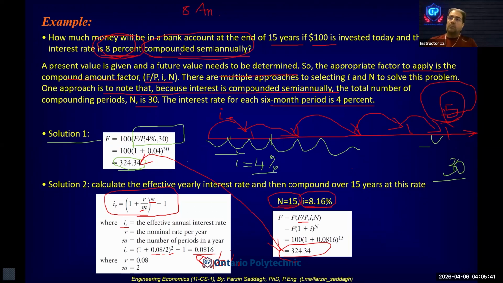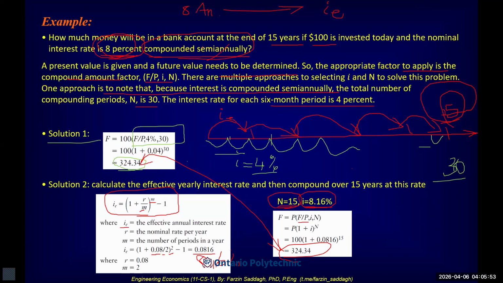But when the compounding is semi-annual, we need to convert it to effective interest for each year. If it had been annual, we wouldn't need any calculation for effective interest. But because the compounding is semi-annual, we have to calculate the effective interest for each year.